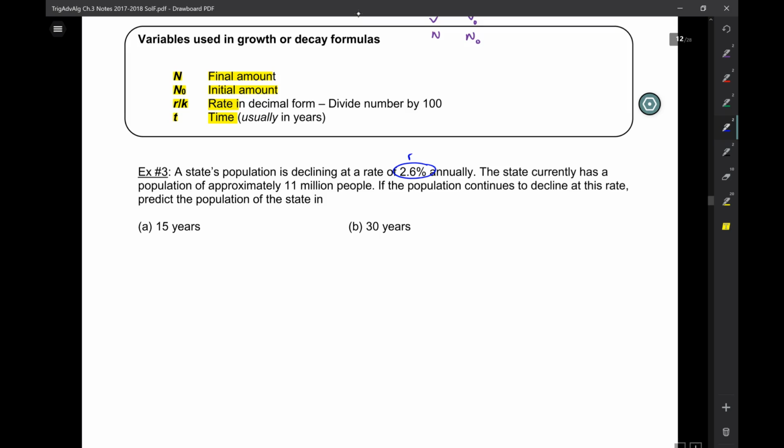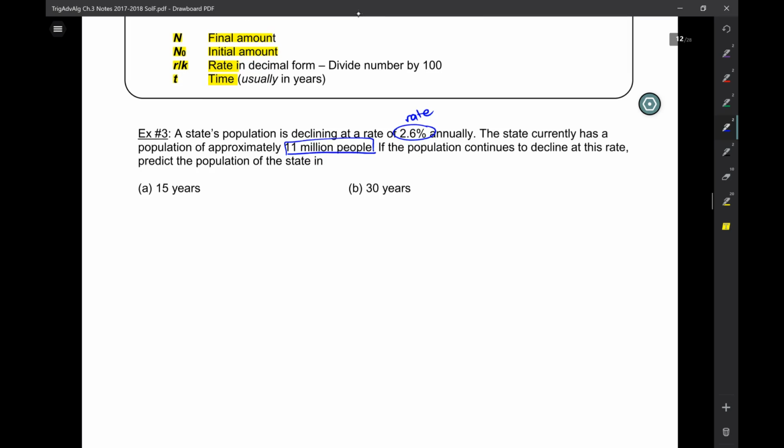Well, this for now is the rate. The state currently has a population of approximately 11 million people. That's initial. If the population continues to decline, predict the population in 15 years.